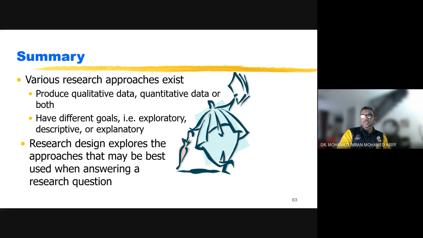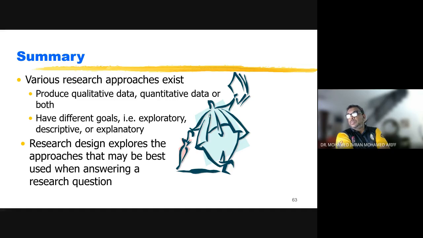Okay, so summary sikit lagi je. Various research approach exist. Memang ada banyak. Produce qualitative data, quantitative data, or both. Have different goals. Ada macam-macam goal dia. Either you nak buat exploratory, descriptive, or explanatory.